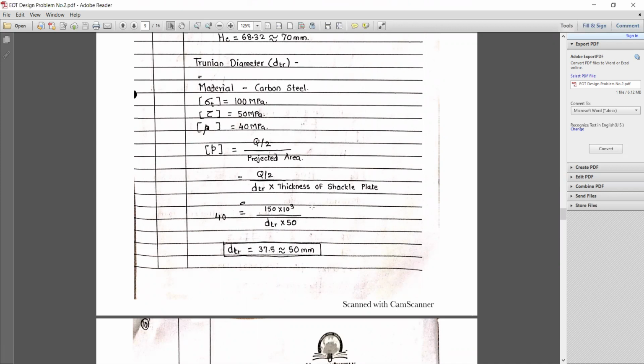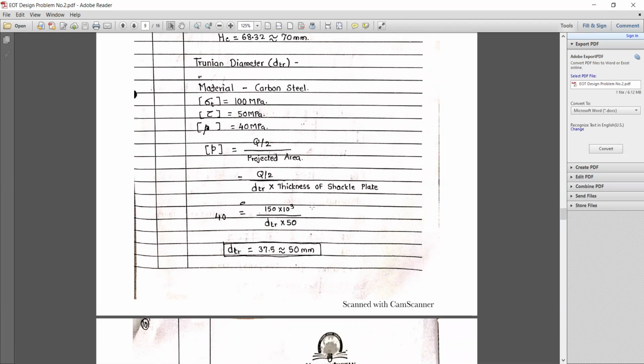So bearing pressure is equal to load divided by 2 divided by projected area, because we are considering it from one side, so we divide the load in half. So Q by 2 divided by diameter of trunnion into the thickness of the shackle plate. Here the shackle plate thickness we have considered is 50 mm.